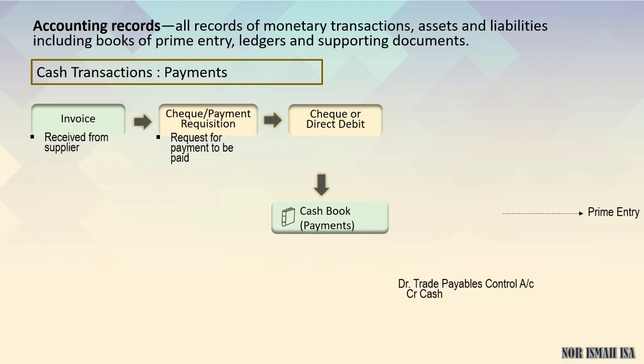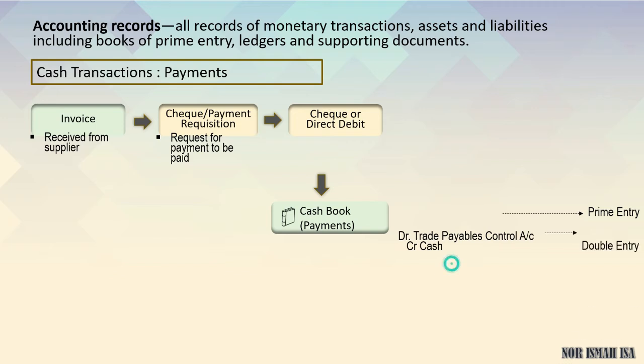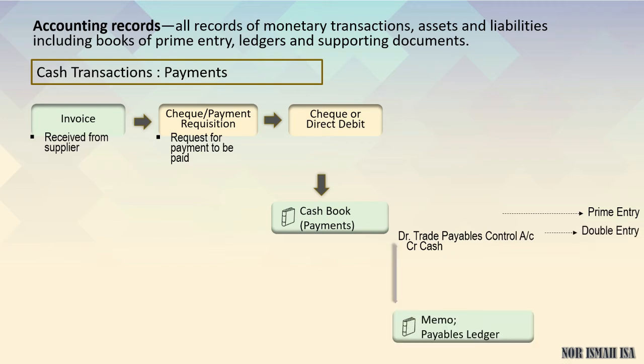At the end of the month, the total of the payments should be posted to the nominal ledger, and the amount paid to the seller should be posted by debiting the trade payable control account and crediting cash. This is part of double entry.